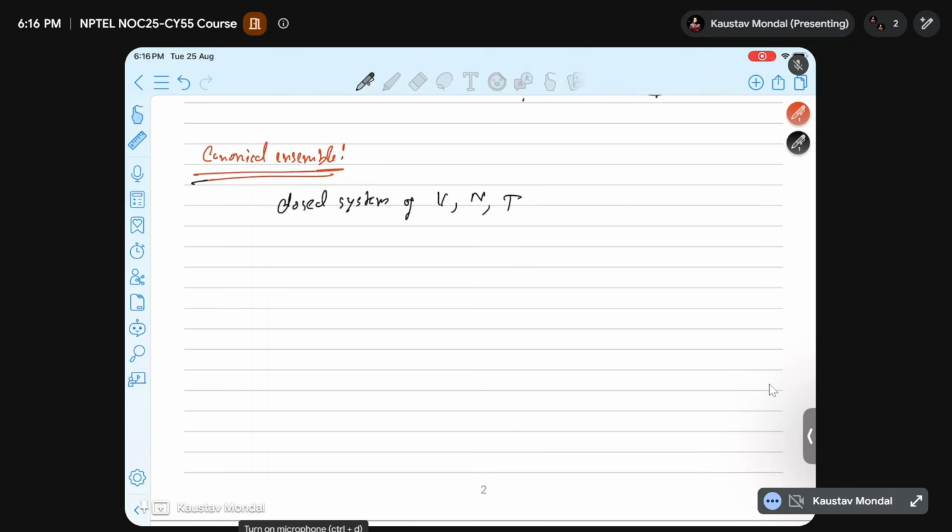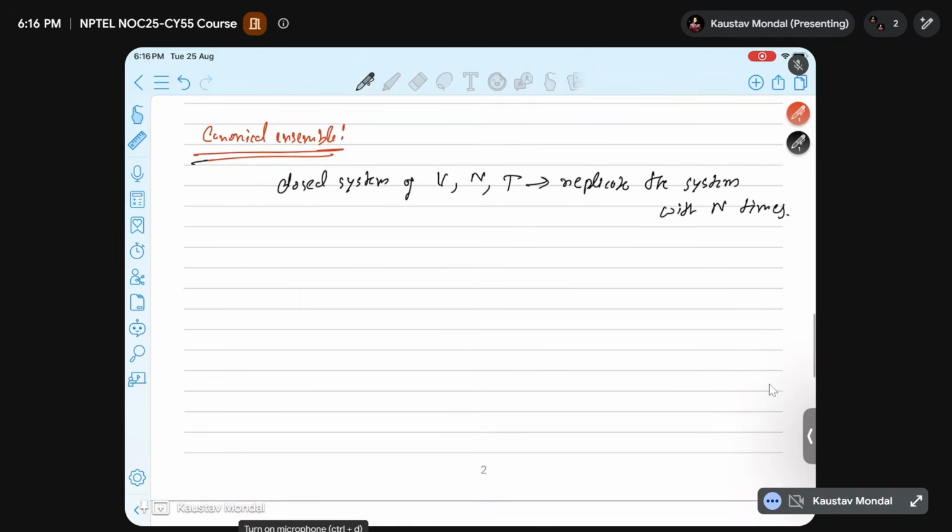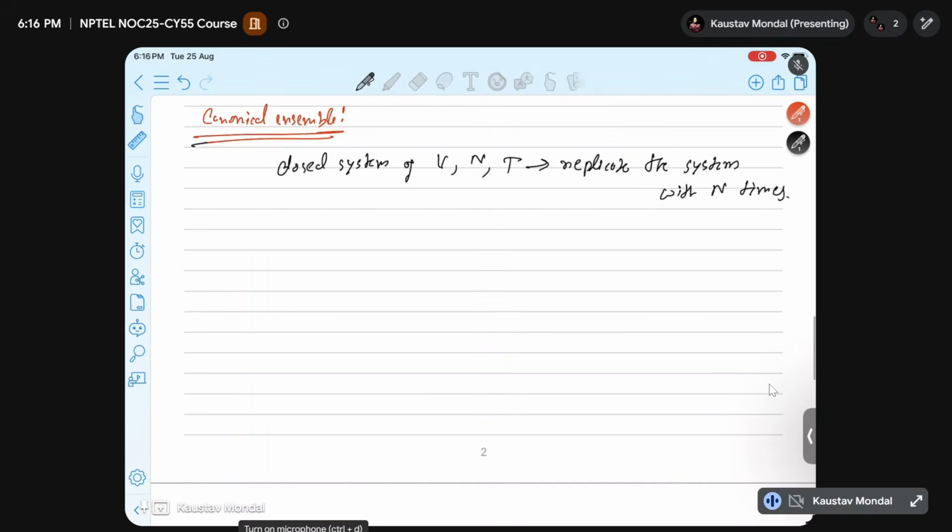Okay, then we replicate the system n times. So if you do that, you will get the same system with exact NVT, but n number of replicas of the same system. Okay.